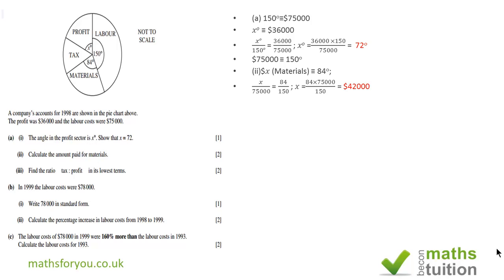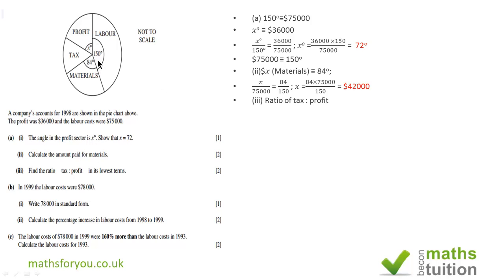For subsection 3, we want to find the tax to profit ratio. Now, the difficulty here is that we don't know what angle is occupied by the tax bill, so we need to find that. The sum of the angles in the circle is 360 degrees.